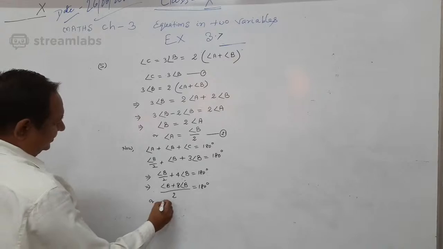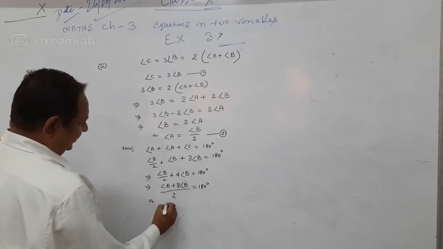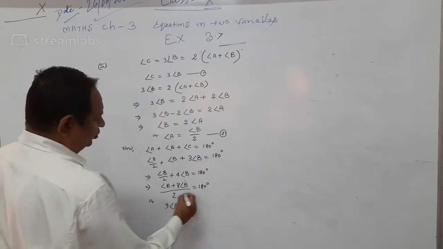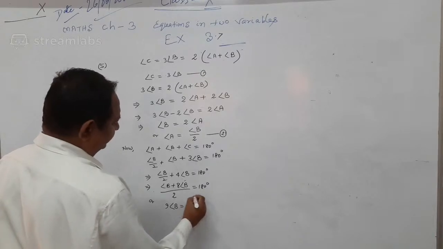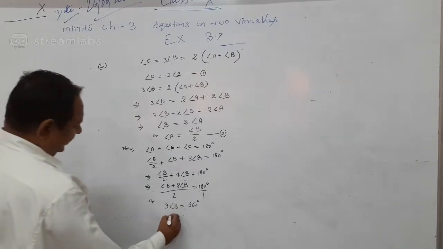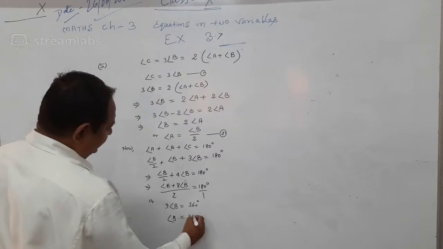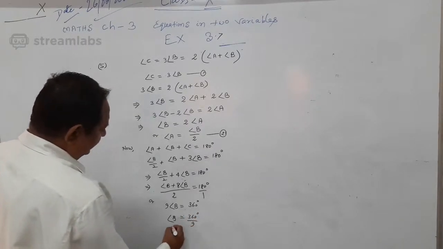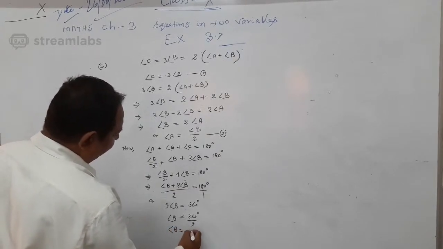Or 1 angle B plus 8 angle B, 9 angle B is equal to 2 into 180 degree, that is 360 degree by cross multiplication. Angle B is equal to 360 divided by 9. So angle B is equal to 40 degree.